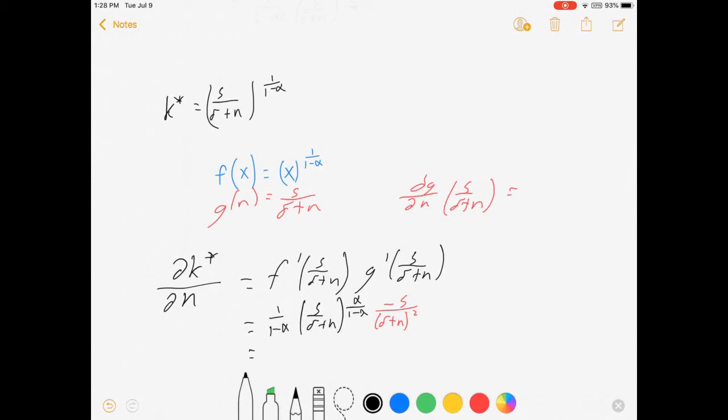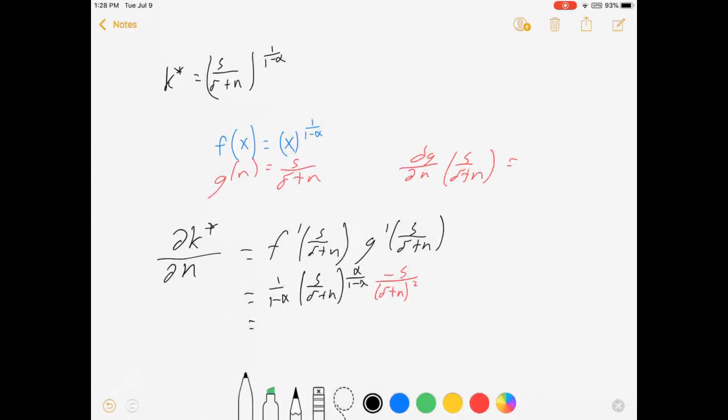And so that's going to simplify to being minus 1 over 1 minus alpha times delta plus n. Wow, that looks like an h. Delta plus n, all multiplied by s over delta plus n to the 1 over 1 minus alpha.